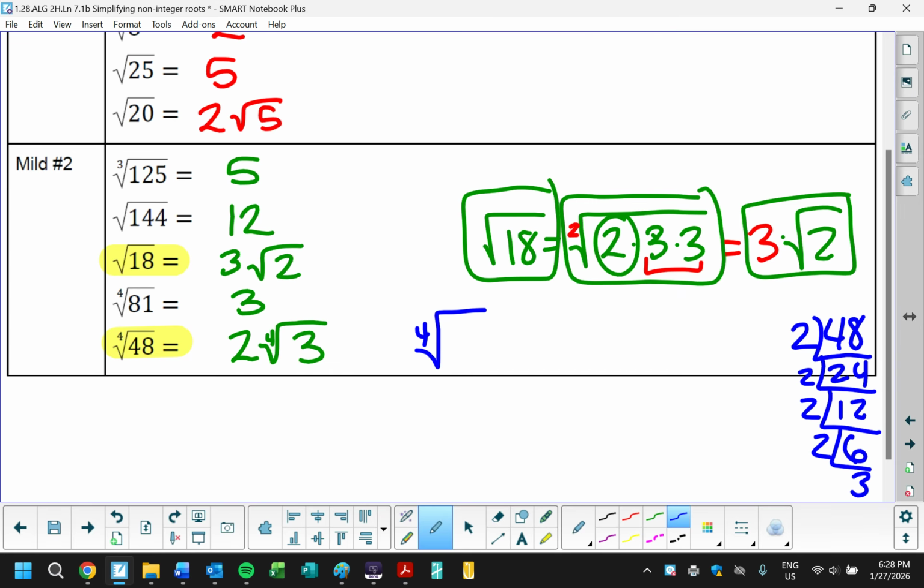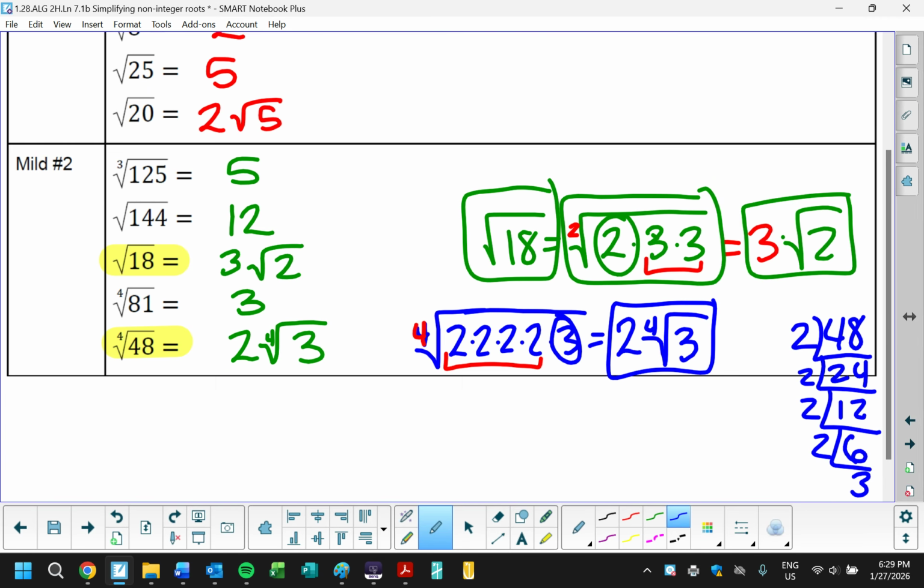And finally we get to the end, so we can break 48 down into the product of 2 times 2 times 2 times 2 times 3, which leaves us asking ourselves, well, is there anything multiplied by itself 4 times? And the answer is yes. So we can pull that 2 out, but unfortunately 3 is going to stay in the radicand, so we should finally have 2 times the 4th root of 3.